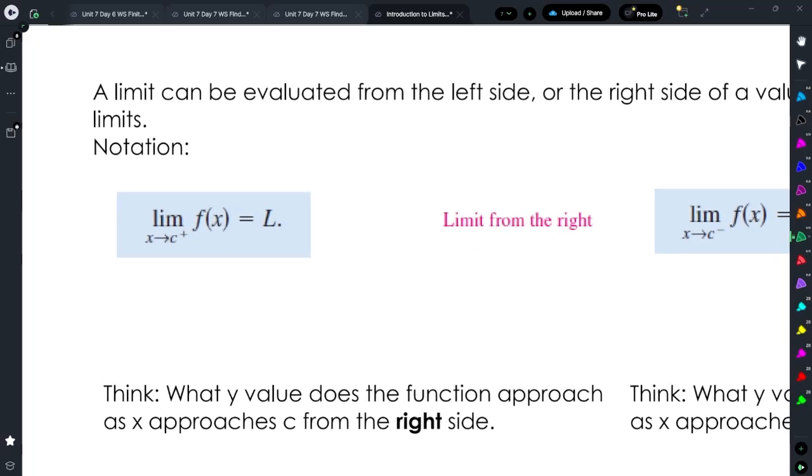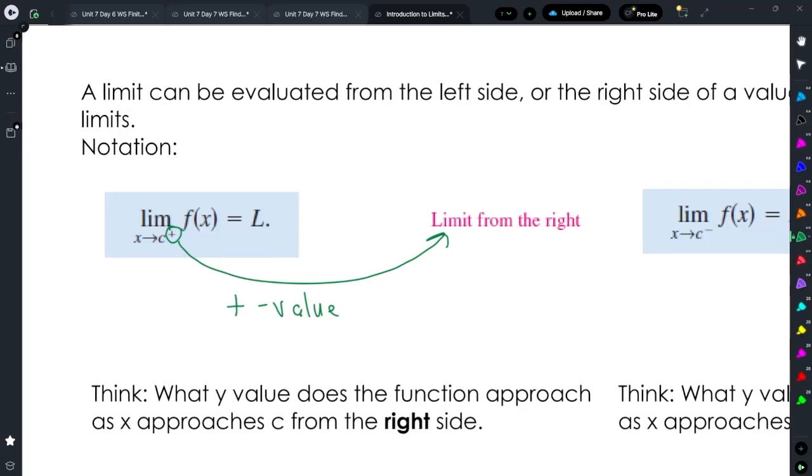So here we have the limit as x approaches c, and this little plus sign right here, what that means is from the right side, or from the positive x values. Now, that doesn't mean that the x value itself is positive. It means that I'm going to be looking at it from the positive x values and approach closer and closer to whatever that c term is.